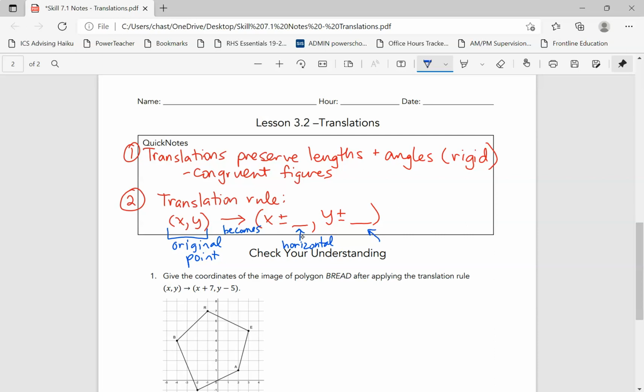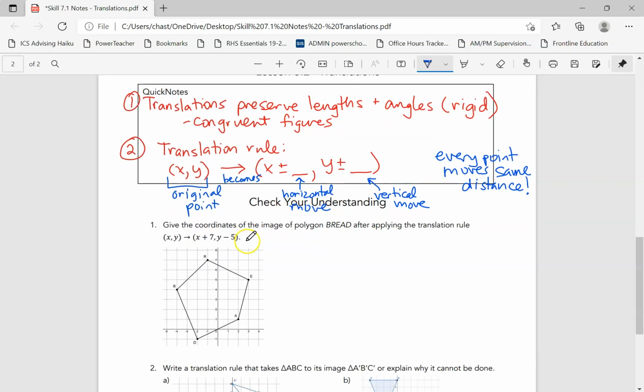And this is your vertical movement. And then just remember that every point moves the same way. Okay? So that's what you need to know about translations.